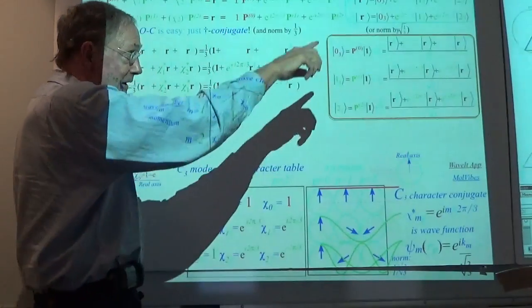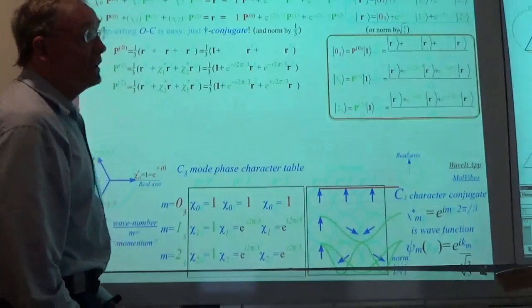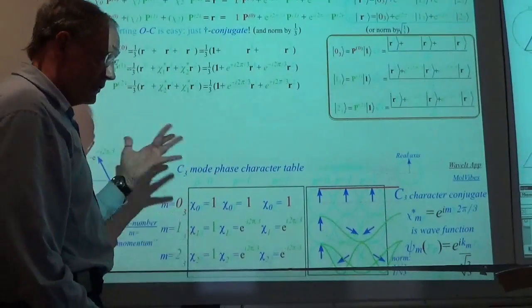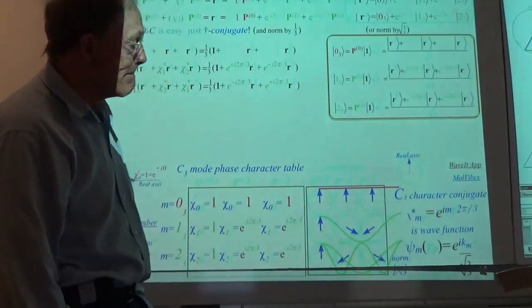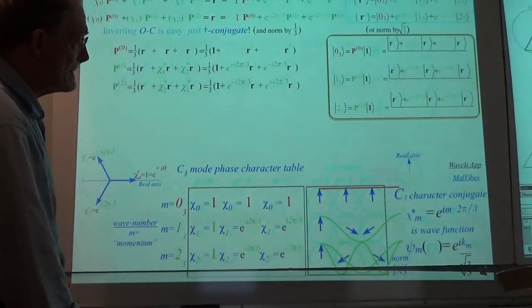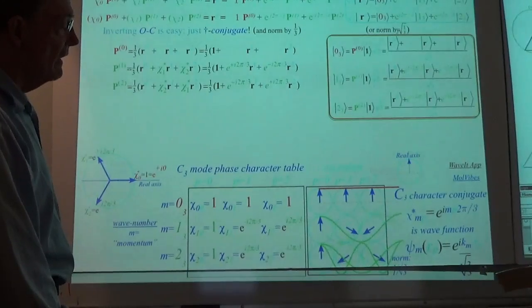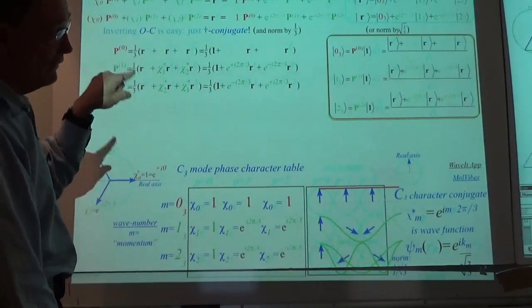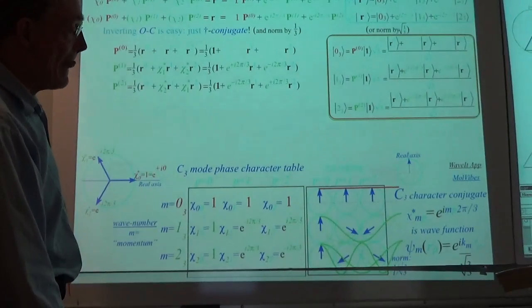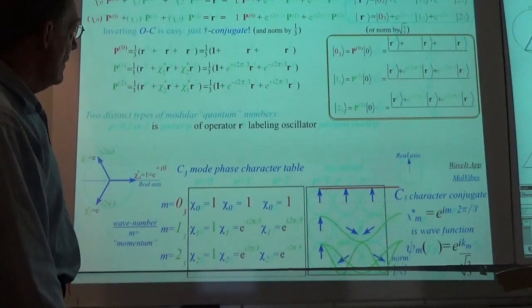So the real part is where you see it. The imaginary part is 90 degrees ahead in the way we do things here. That's clockwise. That's because phasors go clockwise, you see.